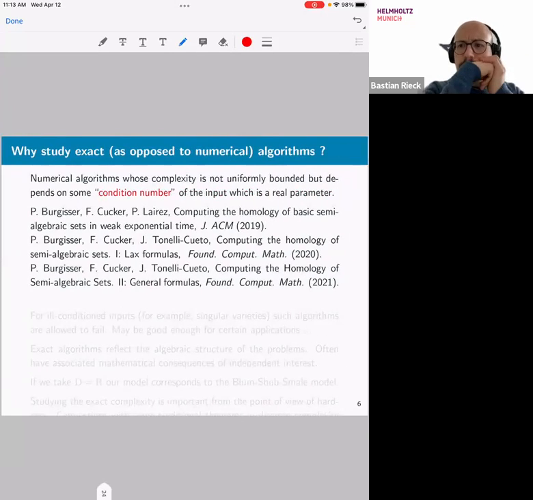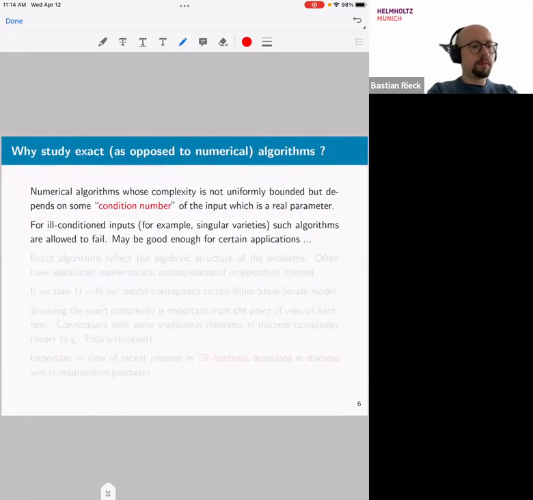There has been quite a bit of recent work on computing Betti numbers of semi-algebraic sets in this kind of setup, in which you are allowed to fail if you are given a singular variety, where the condition number is infinite, but otherwise the algorithm would compute in complexity which depends on the condition number. And this may be good enough for many applications.